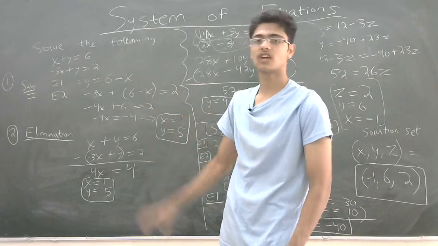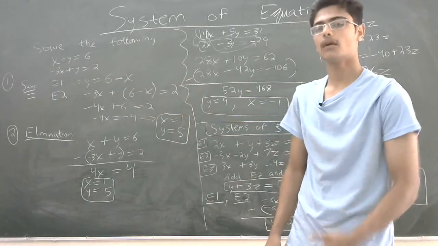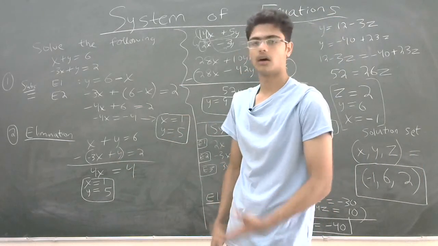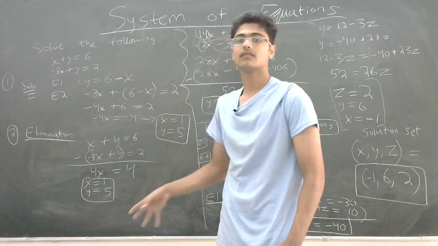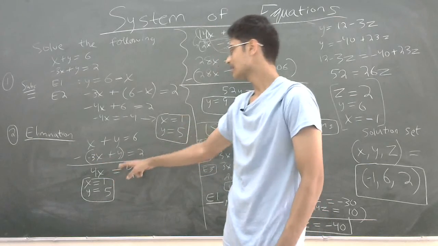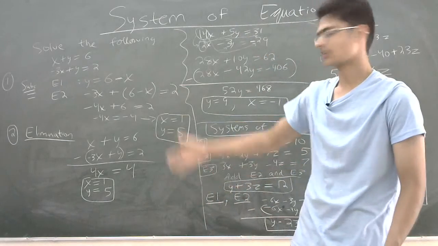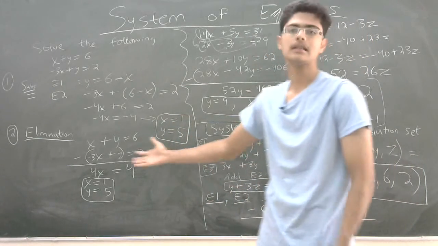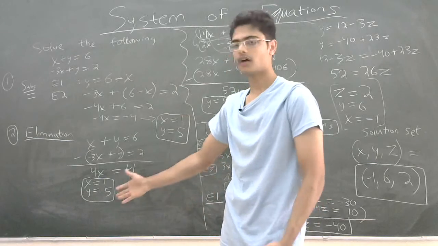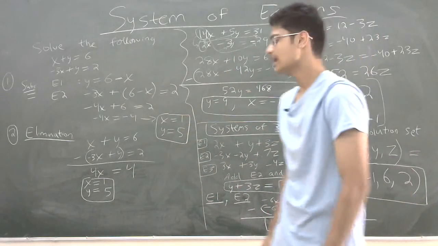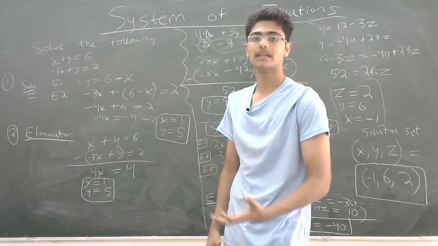So if you were to subtract the second equation from the first equation, you can get rid of y. But then you have negative 3x, you have 4x, and then you have 6 minus 2, that's 4. And it becomes really simple because you know what x is, being 1, and then you know what y is, being 5. And so this method is preferable because it's much faster, especially if you know how to eliminate variables quickly.